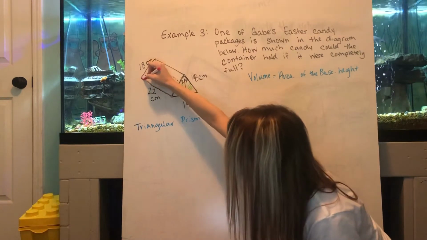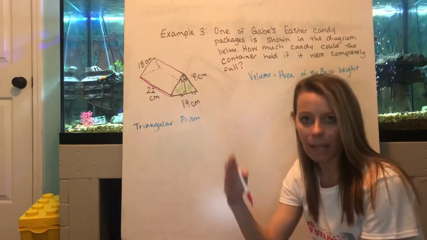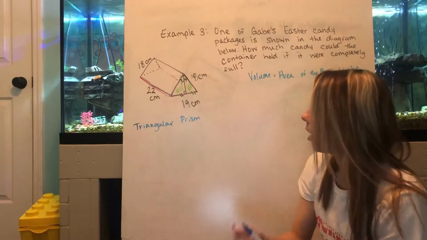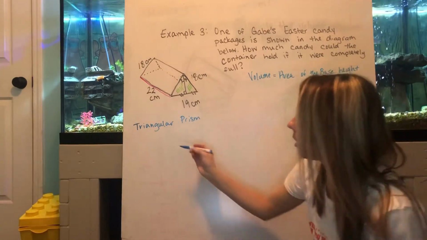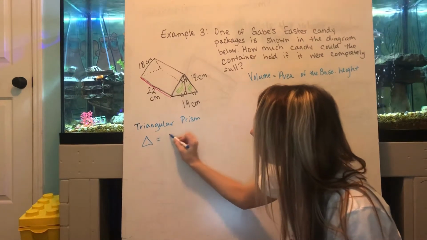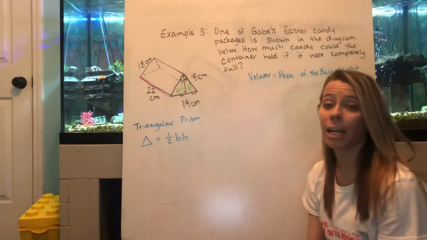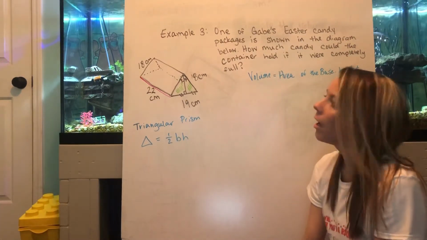And then the height is the distance between my triangles, because that's how many triangles were stacked up on top of each other. So for the triangle, I need to find the area, which is 1/2 base times height, or base times height divided by 2 if you prefer.